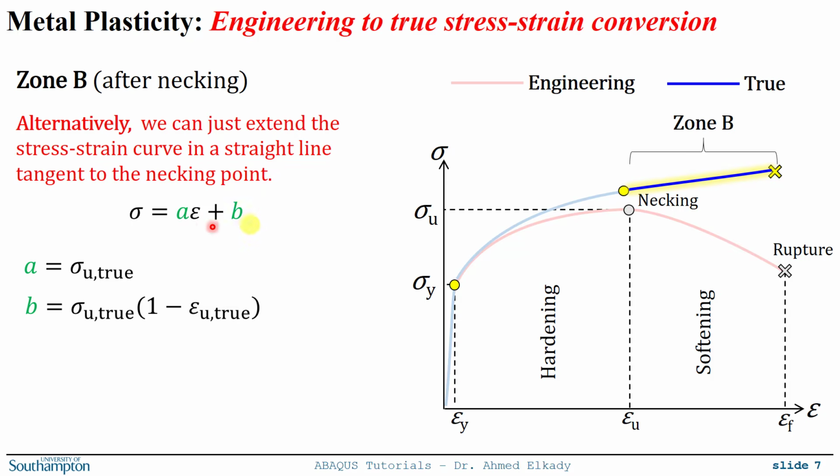It will have a linear equation like this one, with two constants, A and B. A will be equal to sigma ultimate true, basically the ultimate stress value at this point. And B will be equal to sigma ultimate true multiplied by 1 minus epsilon ultimate true, which is the x coordinate of this point.